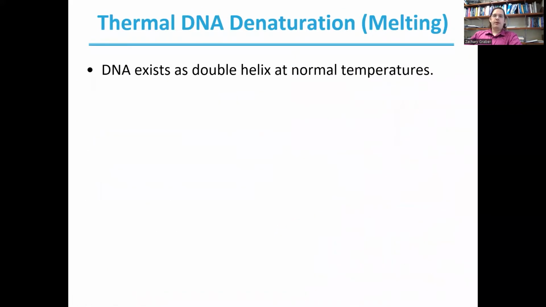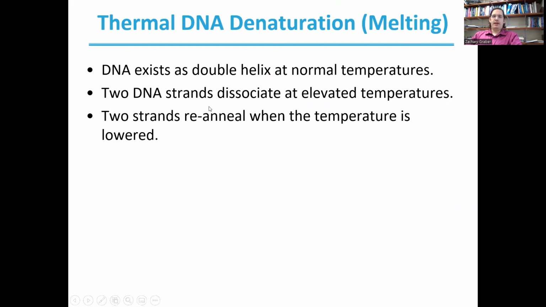So if we're going to melt our DNA or denature it using heat, a thermal denaturation, we would take our DNA, right, at standard temperature, it would exist as our double helix. As we heat it up, our two strands will dissociate, and then as we cool it back down, our two strands will re-anneal. We can reform those same hydrogen bonds and reform our double helix.